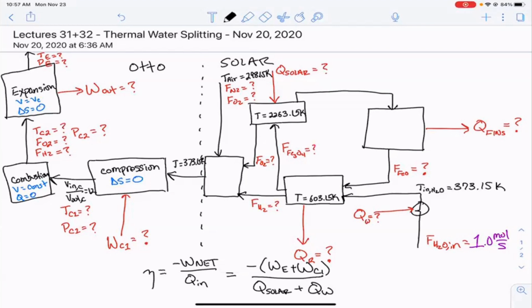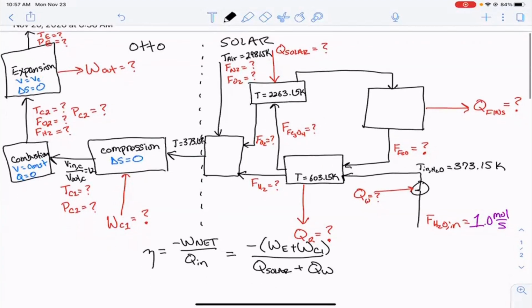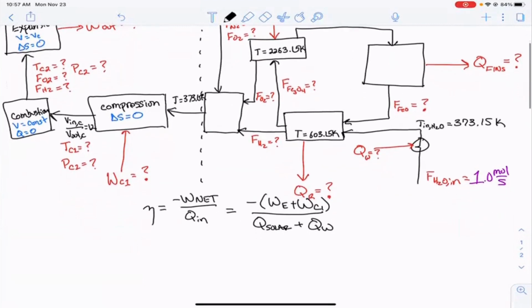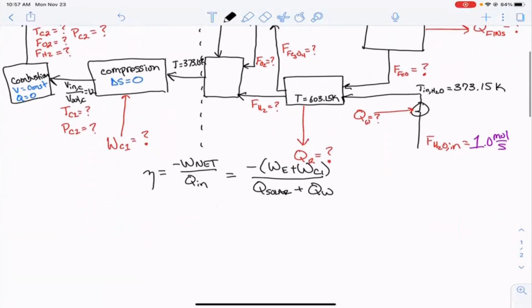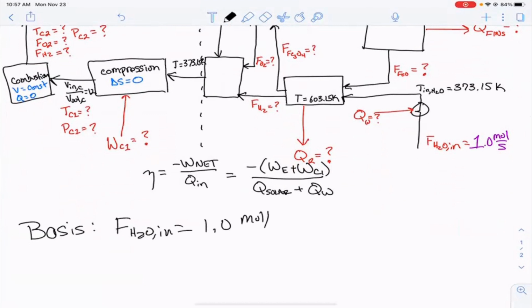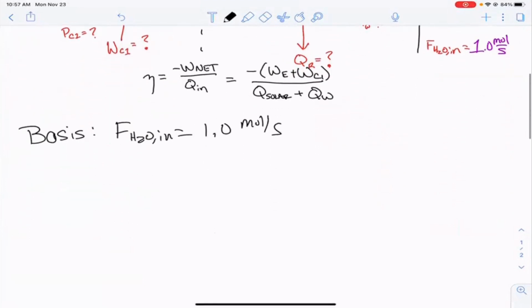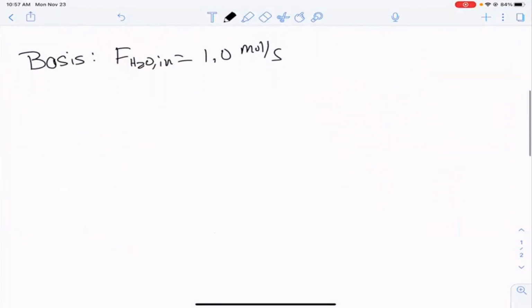So let's start with the molar flow rates. I think that's the easiest thing for us to do. And if we know that the flow rate of water that's entering is equal to 1 mole per second, well, let's take advantage of our first reaction, where we know that the stoichiometry is that 3 FeO plus water gives us Fe3O4 plus hydrogen.